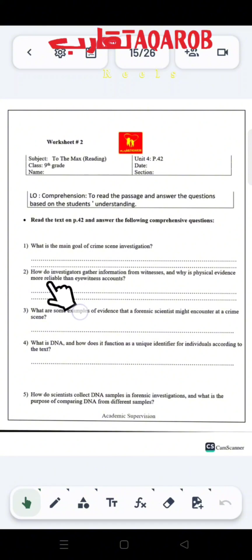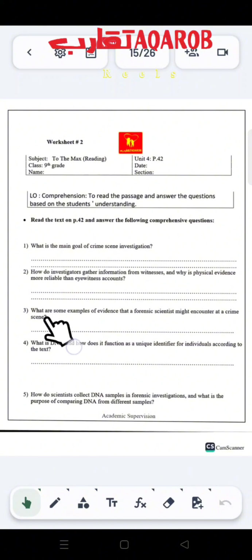Number 2, how do investigators gather information from witnesses, and why is physical evidence more reliable than eyewitness accounts? So the answer is by talking to them, and physical evidence is more reliable than eyewitness accounts due to potential memory inaccuracies.